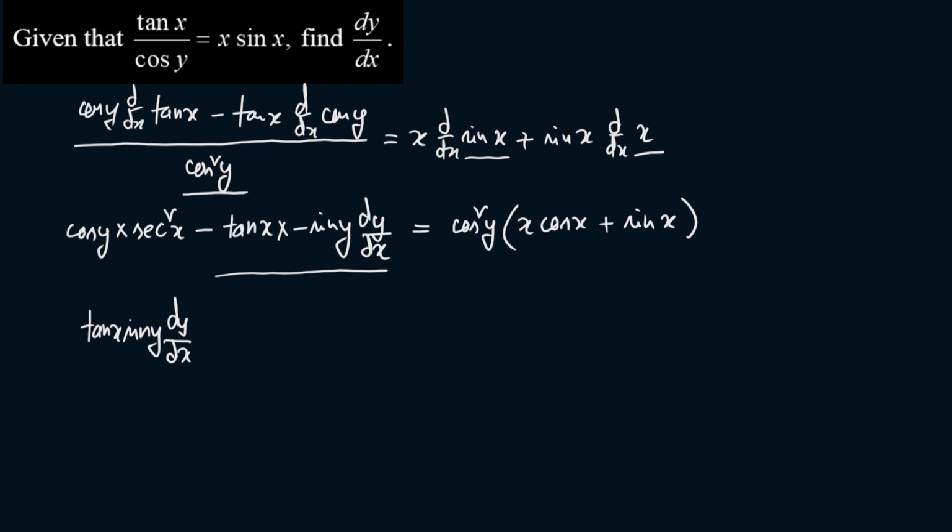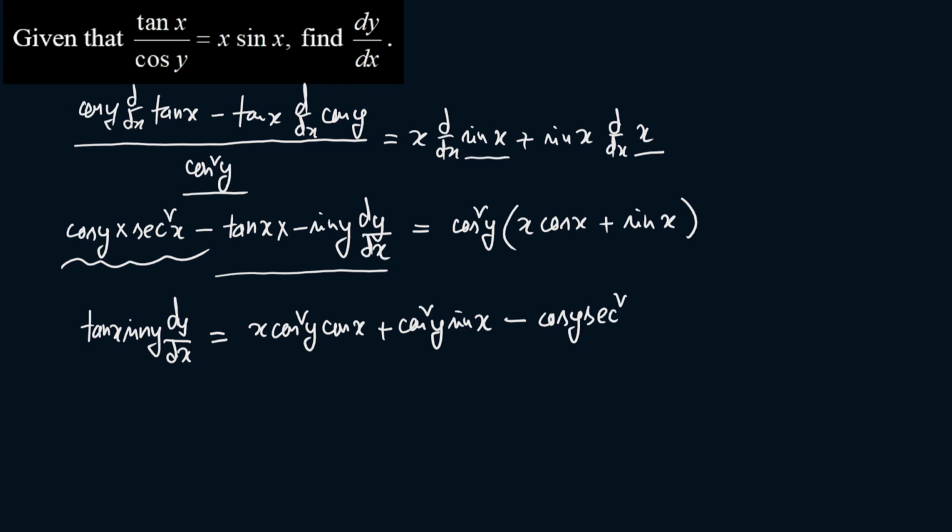I'm going to write that one first, then keep everything on the right side, which is x cos square y cos x plus cos square y sin x, and if we take this cos y to the right side, it gives us minus cos y sec square x.